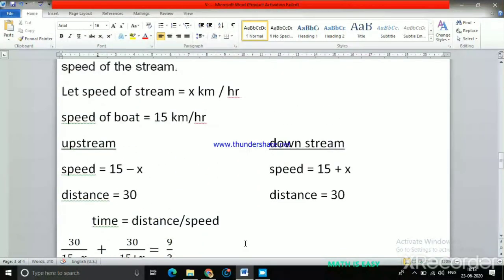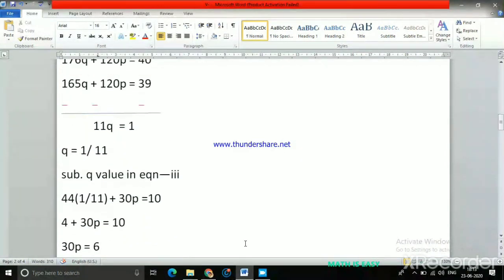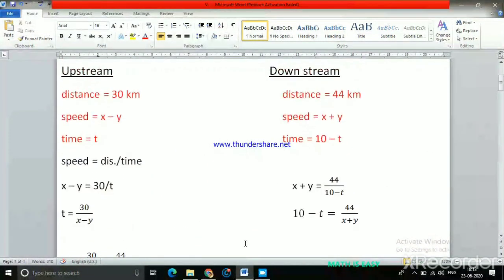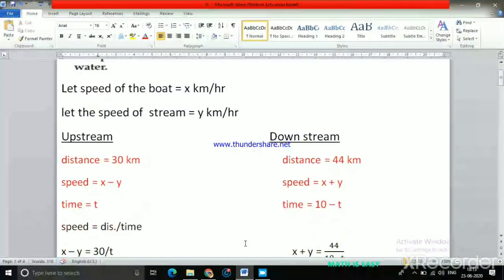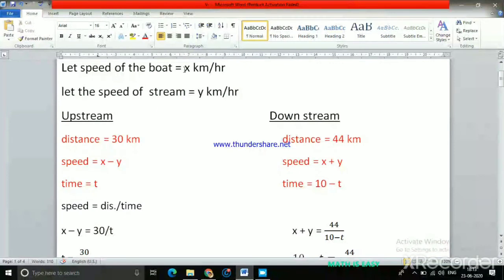Today's class we discussed the speed of a boat in upstream and downstream, and the speed of the stream, and the speed of the boat related to upstream and downstream questions. Now, in any of the questions, they didn't ask for time, because time was already given. Sometimes they may give you one of the speeds, like the x value, and ask for the t value.